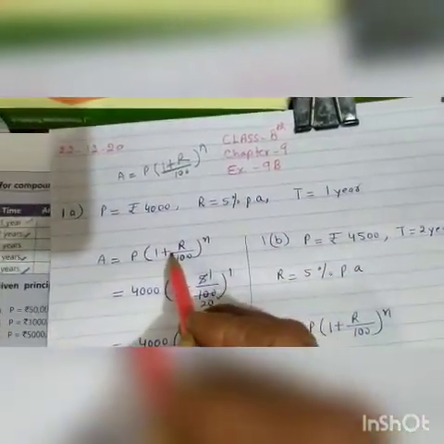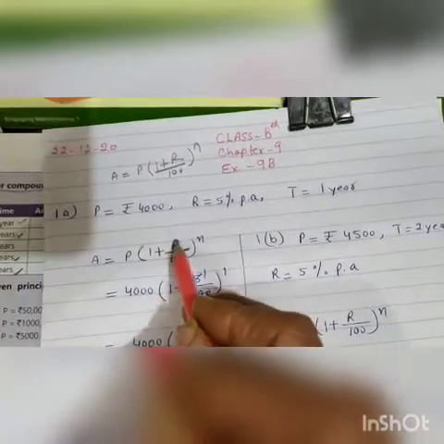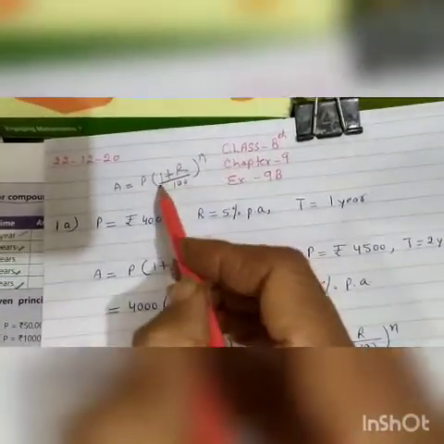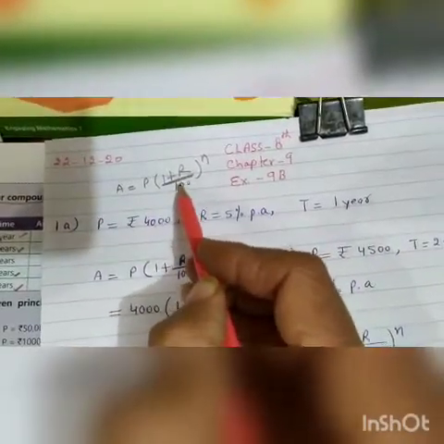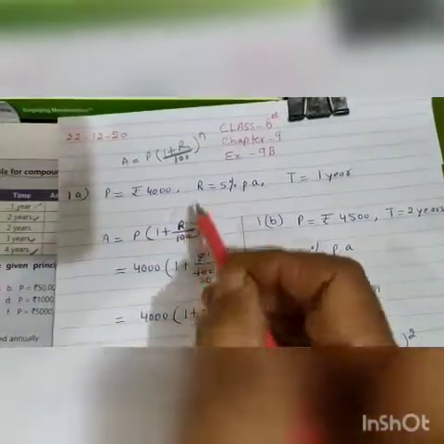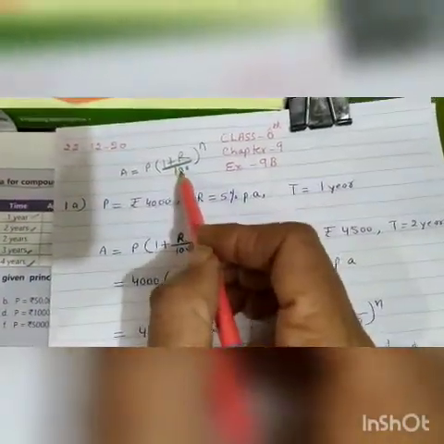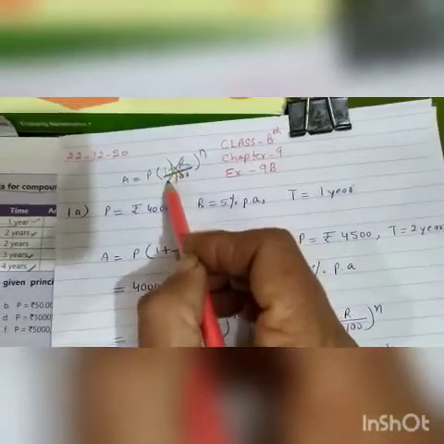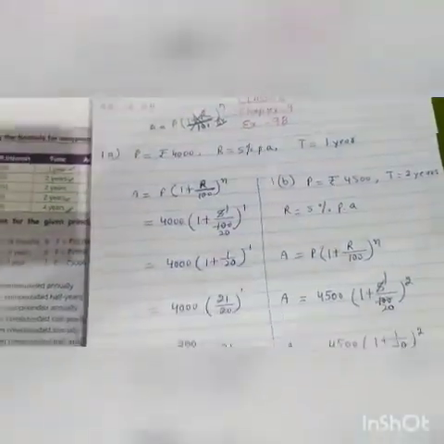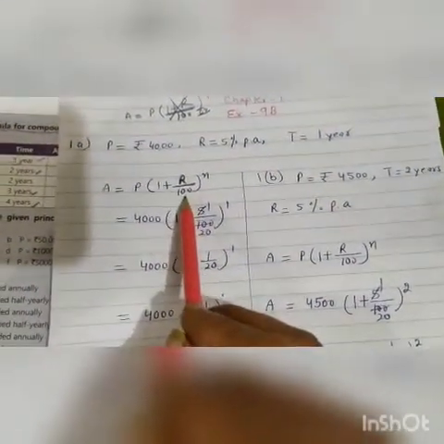Here the 100 is only below the R, and here the denominator 100 is under the numerator, which is 1 plus R. Here the numerator is only R. So if you write this formula like this, it is totally wrong and you will get 0 marks. So be careful when you write this formula.